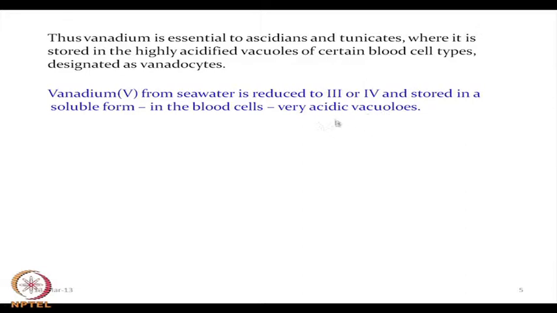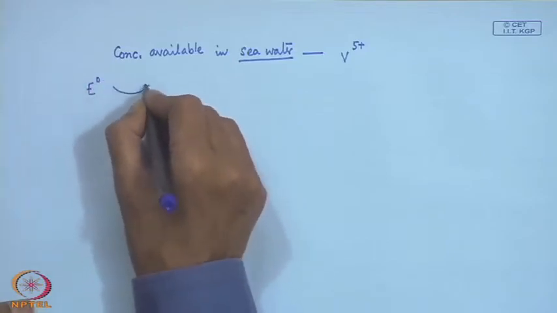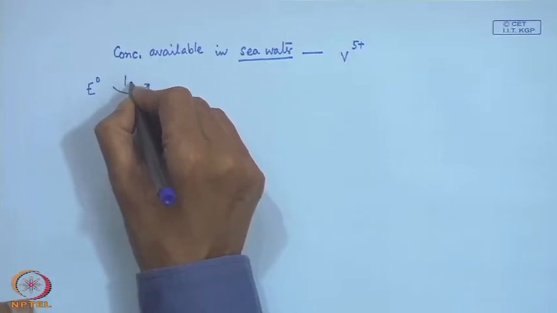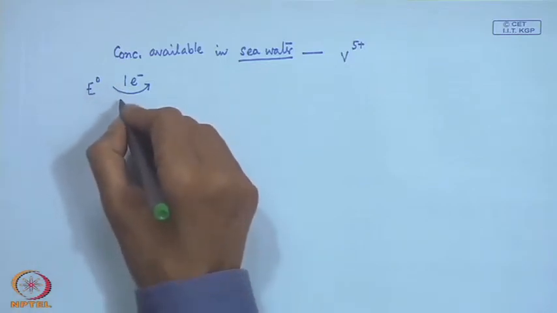In acidic condition, as I have told you several times, the E0 values, the standard reduction potentials for these systems, determine the electron transfer behavior. So, we go for the corresponding electron transfer, whether it is a single electron transfer or a double electron transfer.